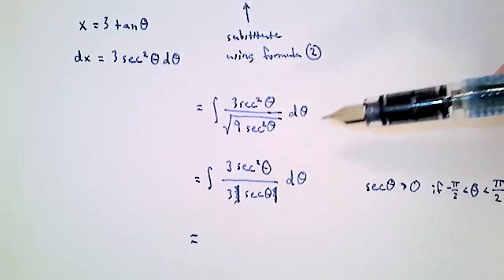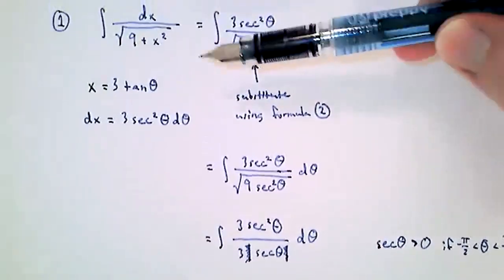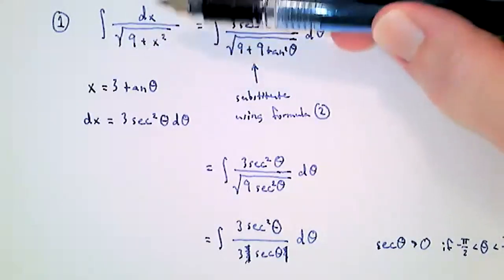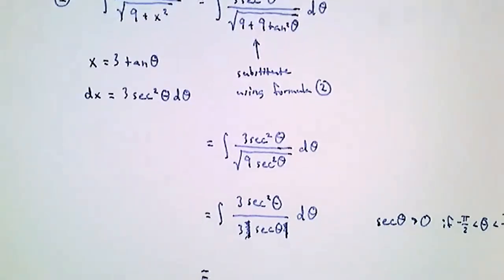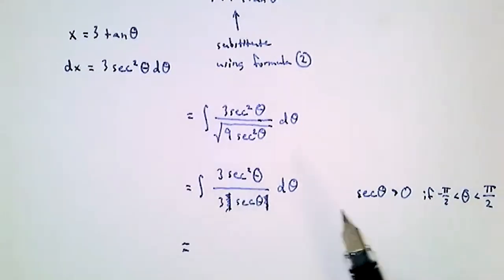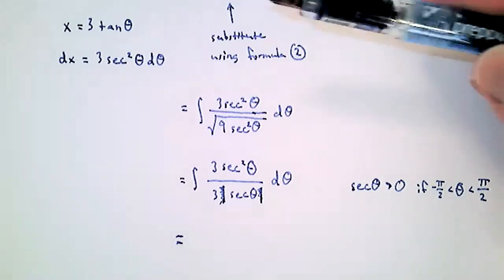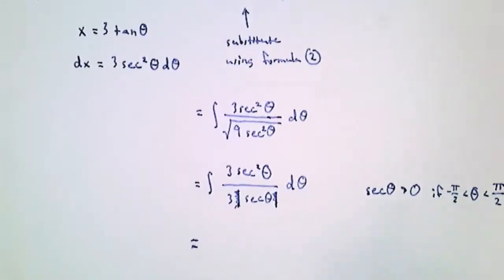And really, if we go back to the original expression, we have 1 over a square root. We know that this is always going to be positive, so we really don't have to worry about any negative numbers here either. This is the second half of my point here. So theta needs to be restricted between minus pi over 2 and positive pi over 2 because our original expression is always going to be positive anyway.